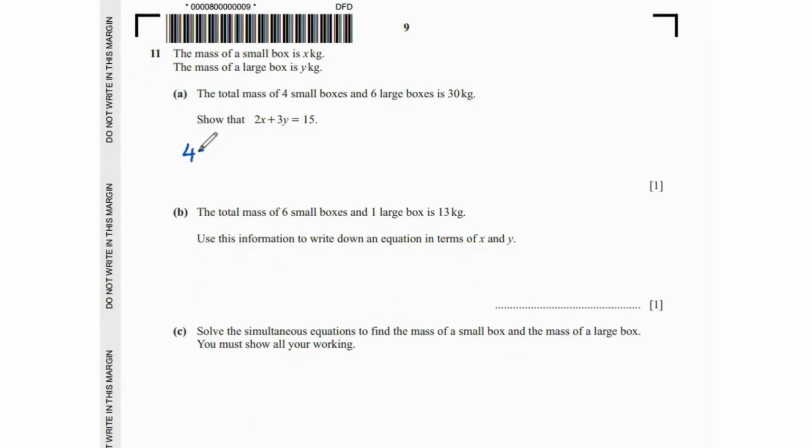So 4x, because one box is x kg, so 4 boxes will be 4 times x, plus 6y, because one large box equals y kg, so 6 would be 6 times y. So total is 30. We can divide all of these terms by 2, because they all come in the 2 times table. So that's going to be 2x plus 3y equals 15, which is the same as the equation given in the question.